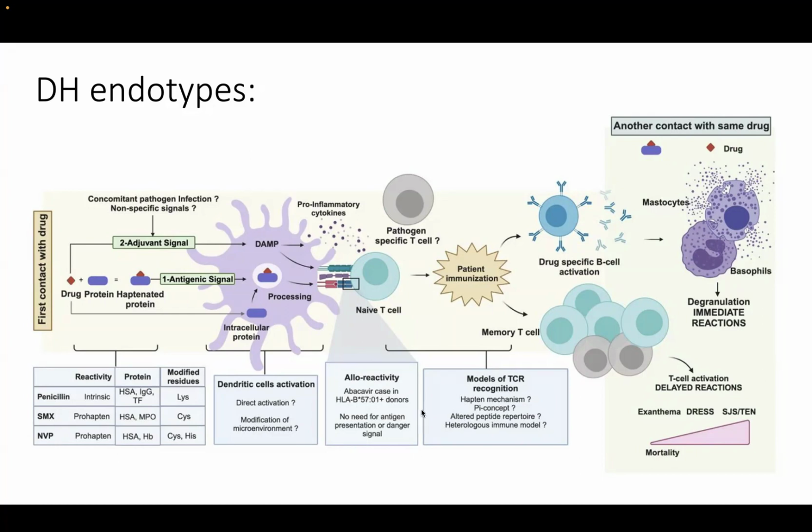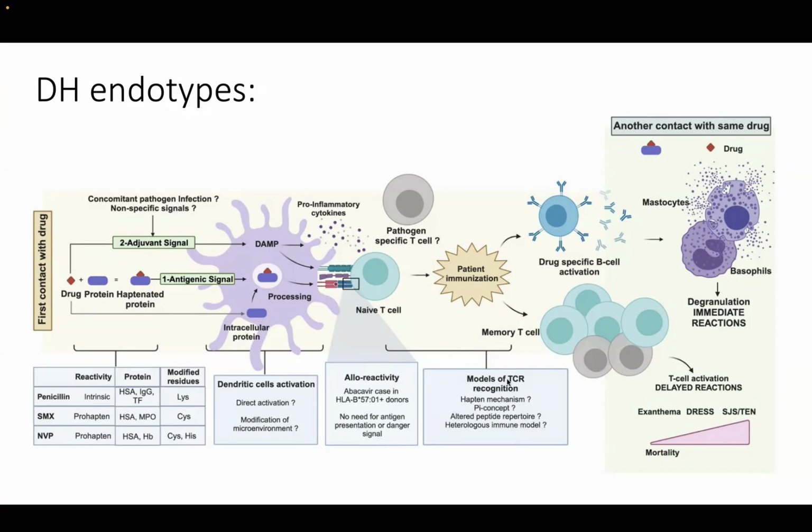In this case, there is no need for antigen presentation or danger signaling. So you don't need this danger signaling. You don't need co-stimulation. If the patient has this alloreactivity, the drug can directly attach to the HLA and stimulate the T cell via multiple mechanisms. I will also mention it to you.